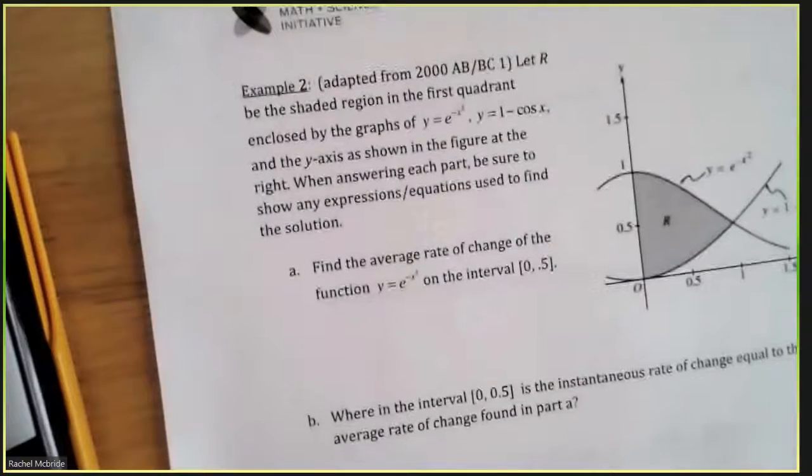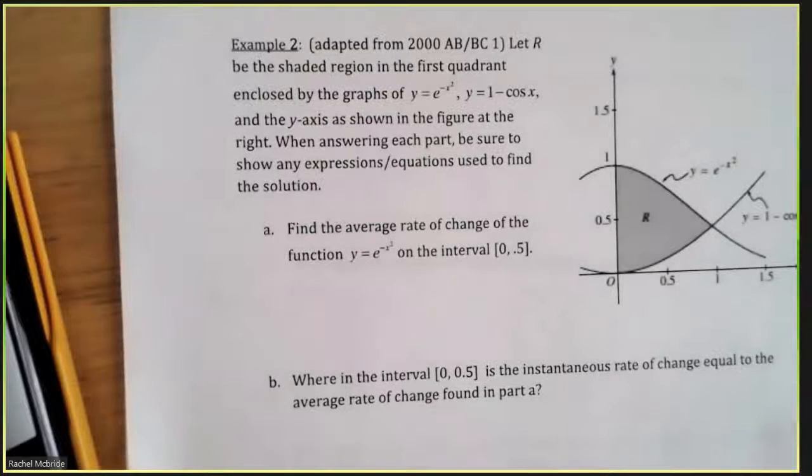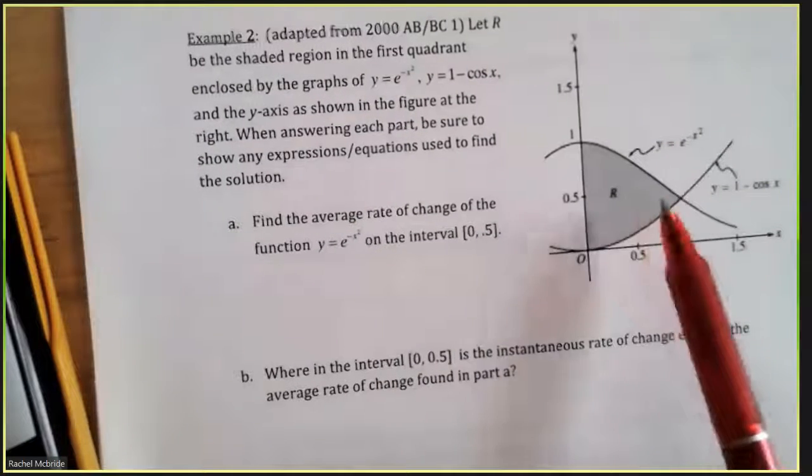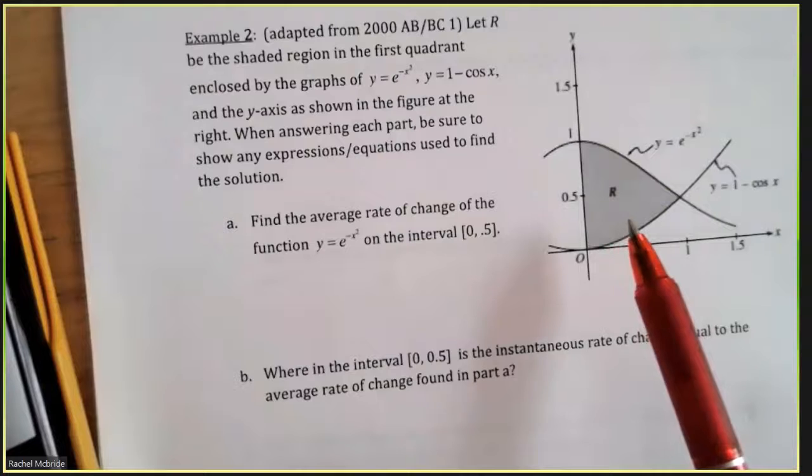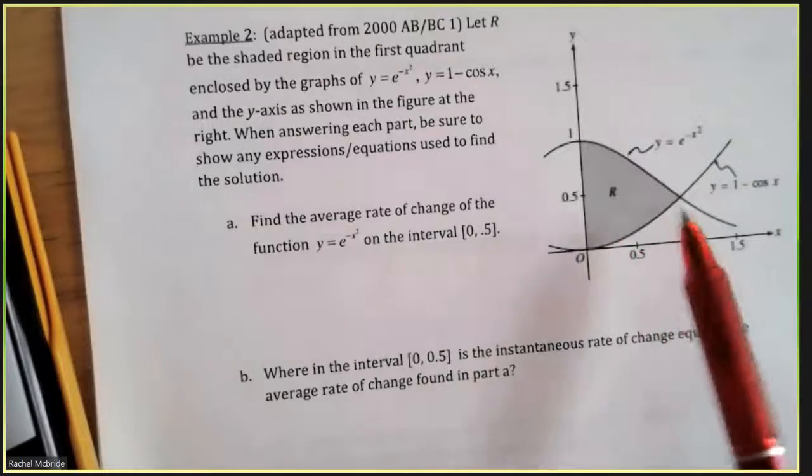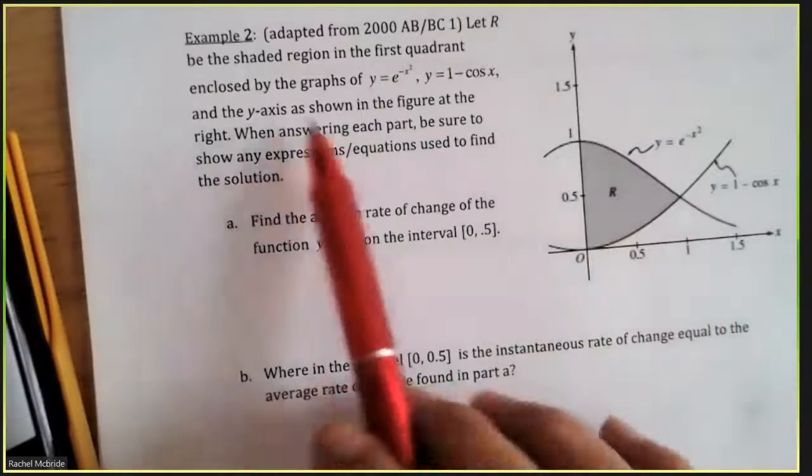Okay, example number 2. So this is from the 2000 exam, which is really scary to think is older than you. But let R be the shaded region in the first quadrant enclosed by the graphs of y equals blank and blank and the x-axis.